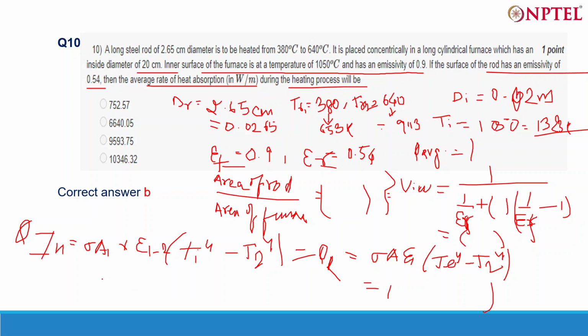Now another thing is that you need to calculate the Q average. So that will be Q in plus Q R upon 2, that will be average. Okay, so with this, putting the values, you will get the answer as 6640.05. I hope you will be able to solve this question.